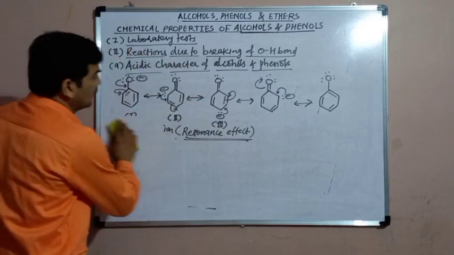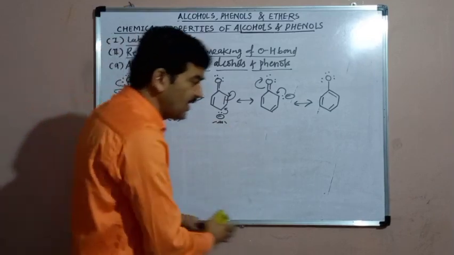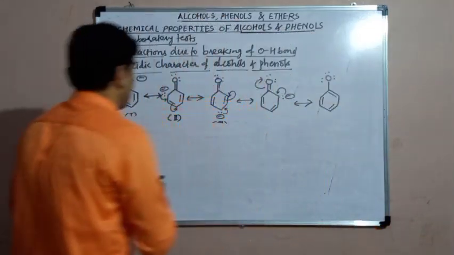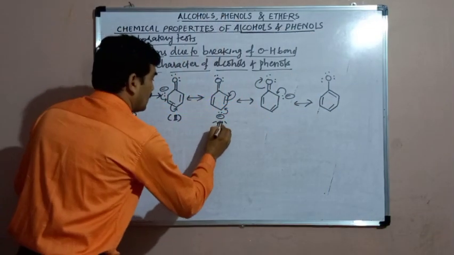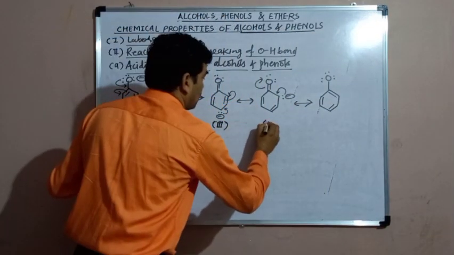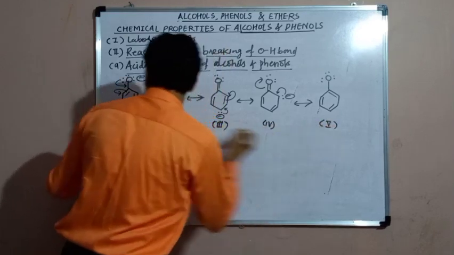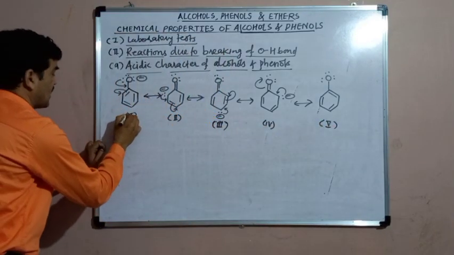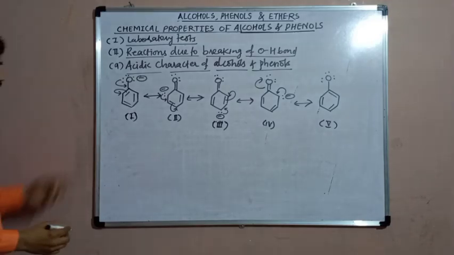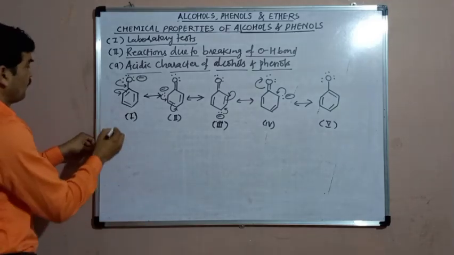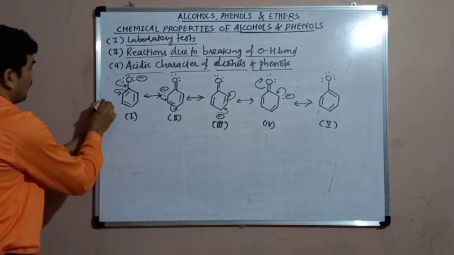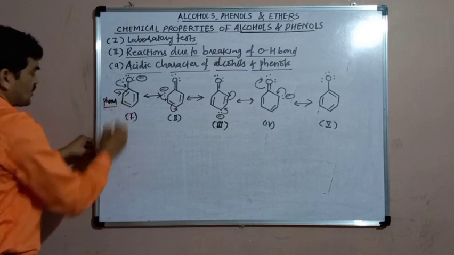When we compare the acidic nature of phenol and para-nitrophenol, these are the resonating structures for the phenoxide ion. The phenoxide ion is formed from phenol. Phenol molecule gives phenoxide ion.